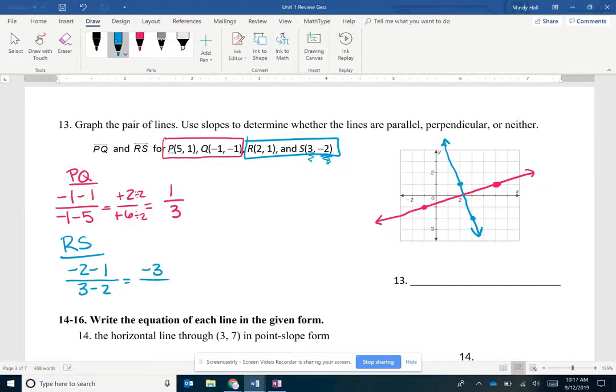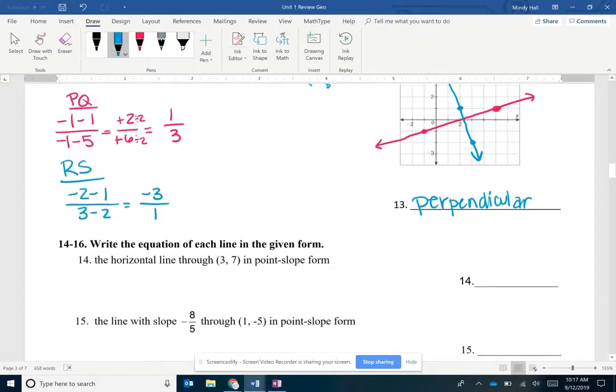Ooh, it might be promising. And then 3 minus 2 is 1. So we see that with these slopes, they are opposite signs because the pink is positive, blue is negative, and they have flipped. So that tells me that these lines are perpendicular. Yay! And I've been writing very sloppily. I apologize.